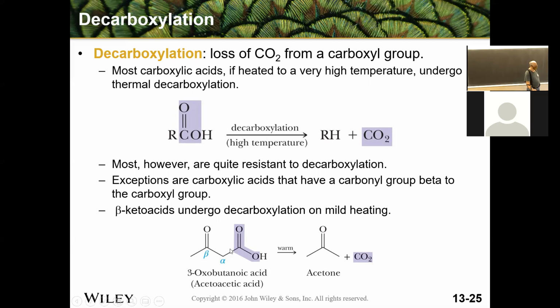So remember, here's the carboxylic acid, this is the alpha, this is the beta position. If we have a carbonyl at the beta position, this can be easily decarboxylated just with mild heating. So we lose CO2 and our product here is acetone.